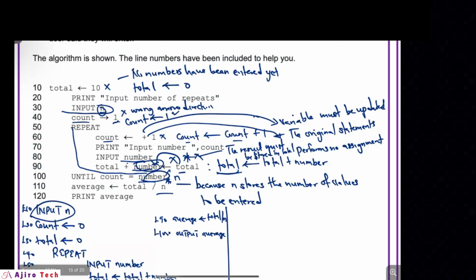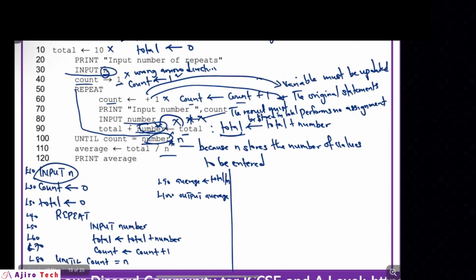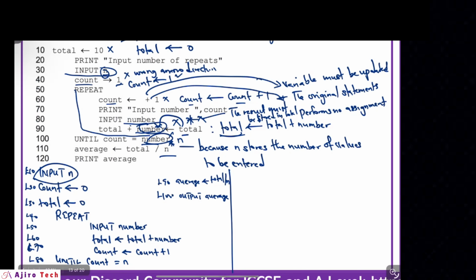So if you check this, you will see that it's almost the same thing. We did the total here, 0, and then input number of repeats, print input number of repeats, right? Input n, we just went direct. So start with input n, the count is 0, the total is 0, then repeat, we have the input number here, print input number.